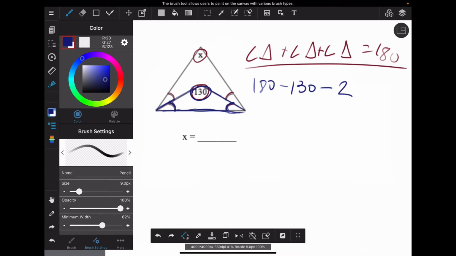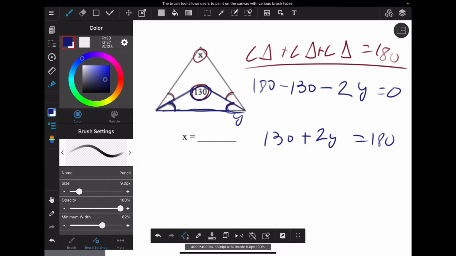We can't call that x since that's already x, so I'll just call it y, equals 0. Or 130 plus 2y equals 180.